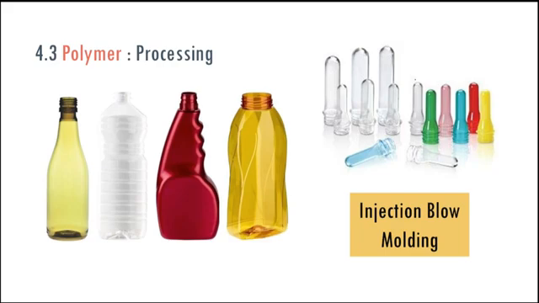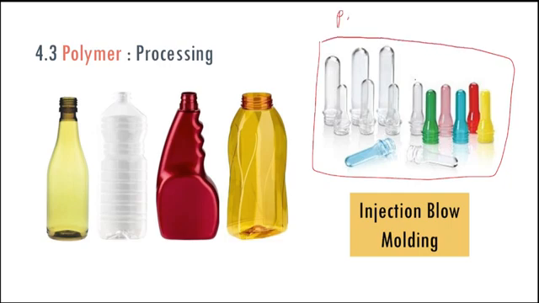The injection blow molding is used for the production of hollow objects such as bottles, jars, and hollow containers. Before the injection blow molding process, we have to produce a preform. This preform is produced from the injection molding method that was already mentioned in the previous slides.